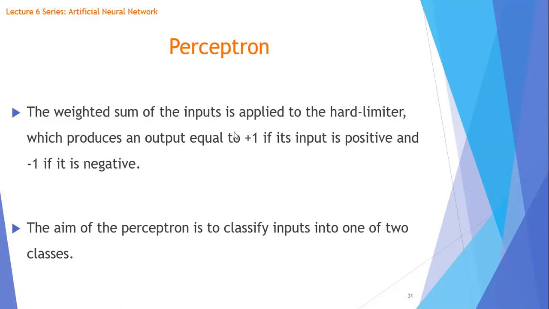If your capital X is less than theta, you produce -1. The aim of a perceptron in this case is to classify inputs into one of two classes. It is possible to extend this to design a perceptron which classifies between more than two classes, but let's start with two classes.